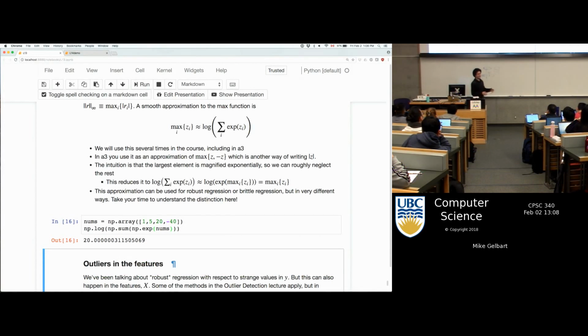So you can see that this operation pretty much pulled out the max of those numbers, which in this case was 20. And we just talked about the intuition for it, but the approximation becomes less good if I have something very close, because then my whole argument was that you could just neglect all the other ones, but if the next biggest one is very close, you can't really quite neglect it, and so the approximation is not quite as good.